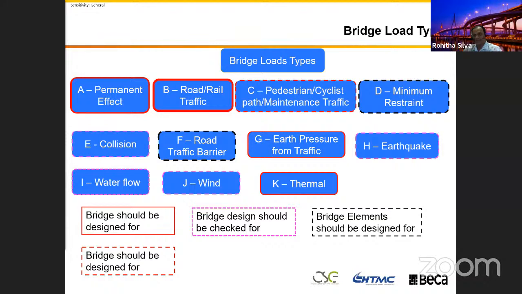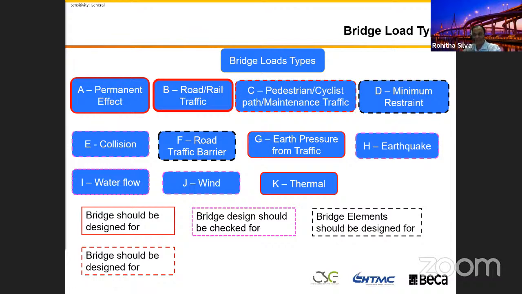So when you are developing a bridge model, because it should be serviceable after the flood, you need to check your bridge with this scour effect. So that's why I separated them this way, for you to understand them without putting everything in the same place and mixing it up. So you won't get it.